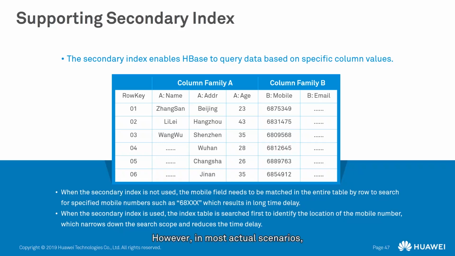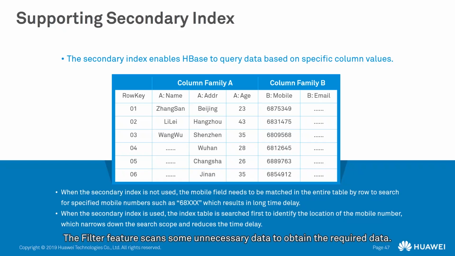However, in most actual scenarios, you need to query the data of which the column value is a certain one. HBase provides the filter feature to query data with a specific column value. All data is scanned in the order of row key, and then data is matched with a specific column value until the required data is found.